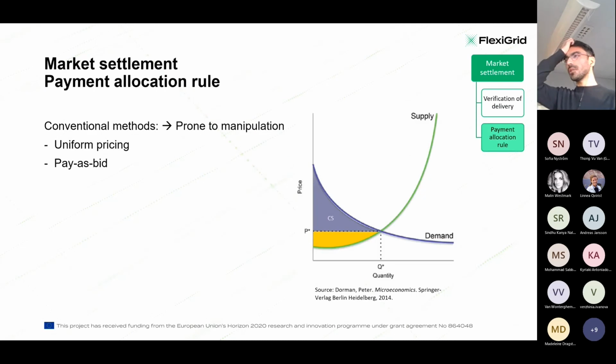Payment allocation rules. There are some conventional methods that you might have heard about, like uniform pricing or pay-as-bid. Uniform pricing is basically where the demand and supply curves meet each other. They are prone to manipulation in case we have low liquidity, low competition in the market.